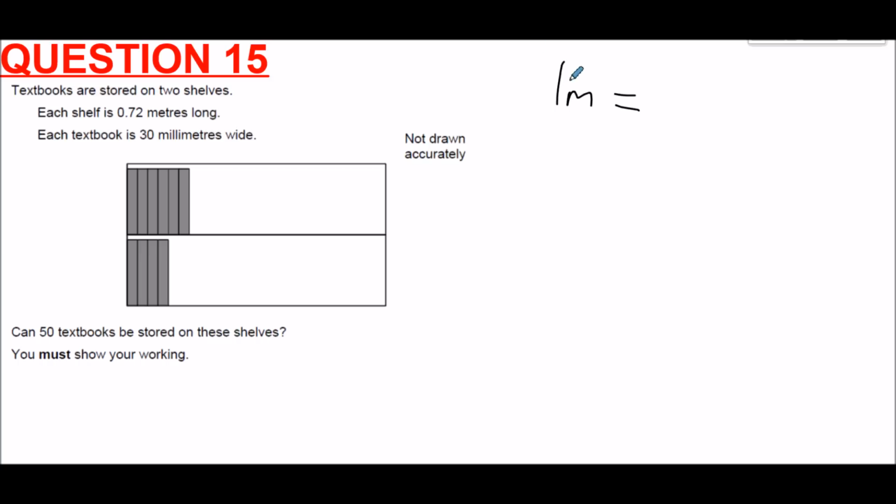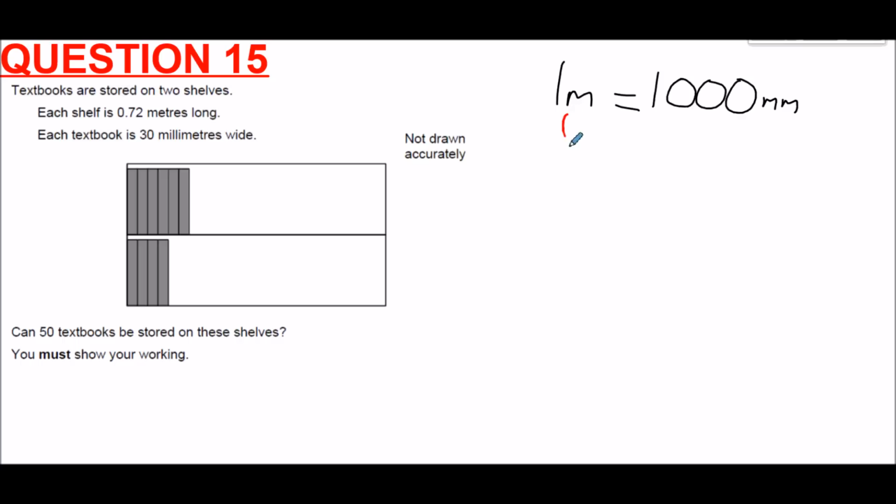We need to know that 1 meter is 1,000 millimeters. So to change from meters to millimeters, the conversion factor here, because one of the numbers is 1, will be the other number. So we're going to have to multiply or divide by the number that isn't 1, in this case 1,000.